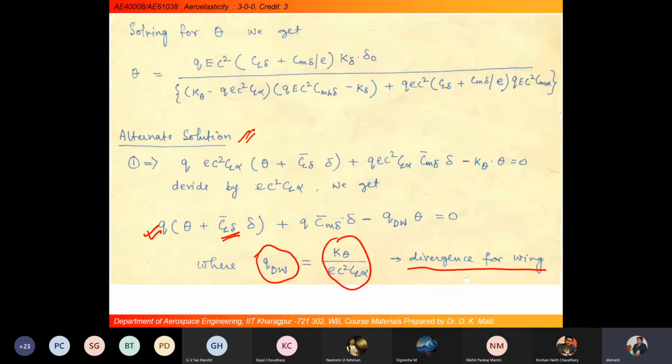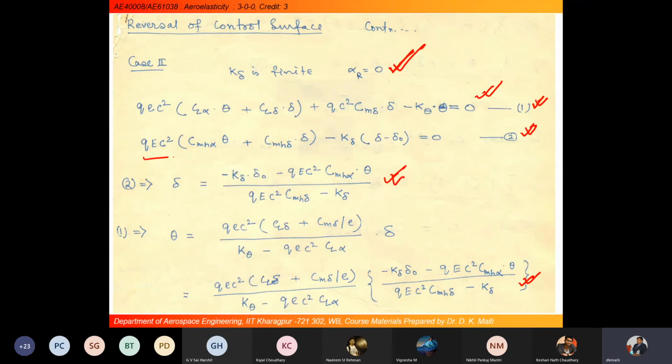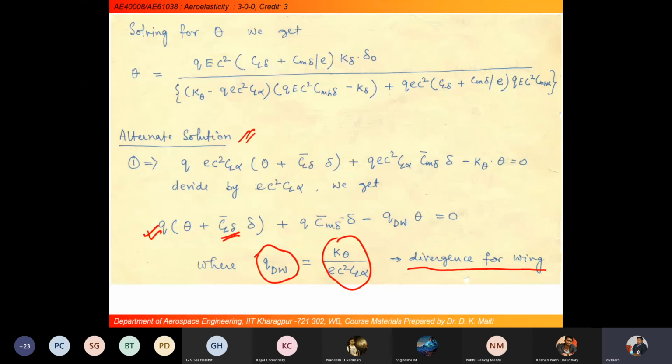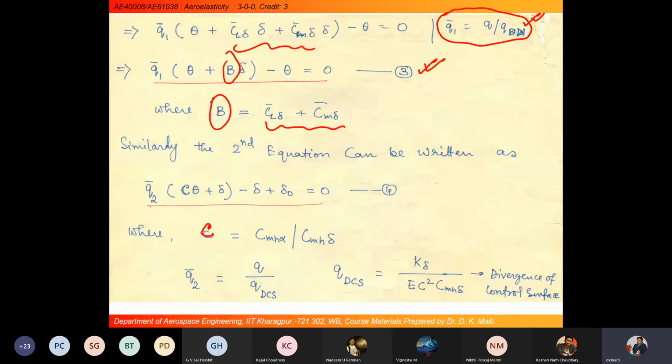So if you look here, the first equation will become like this. It will be Q2 bar. I am defining here Q2 bar as Q by QD control surface, that is the divergence of the control surface, with K delta in a similar form to wing divergence. Here I have taken K delta by E c square Cmh delta.